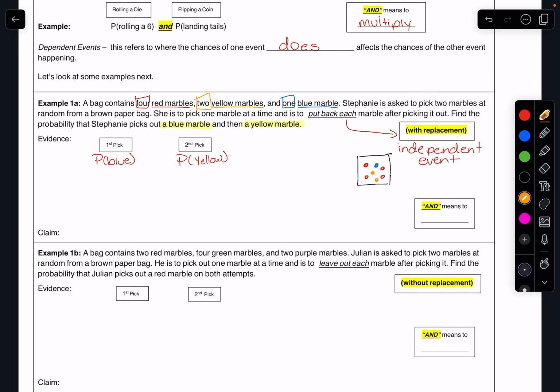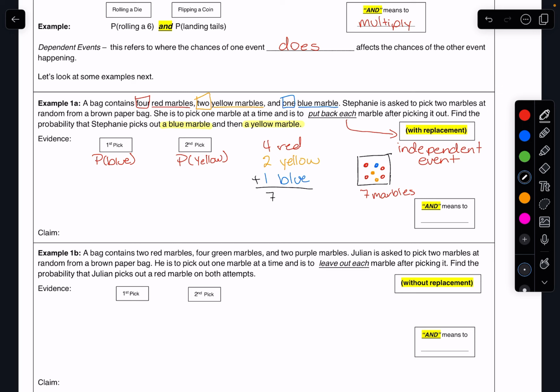And here we can count them all together to see how many we have in total, which is 1, 2, 3, 4, 5, 6, 7. Or you could have done the 4 red, 2 yellow, and 1 blue, and add those all up, which you would still get 7.